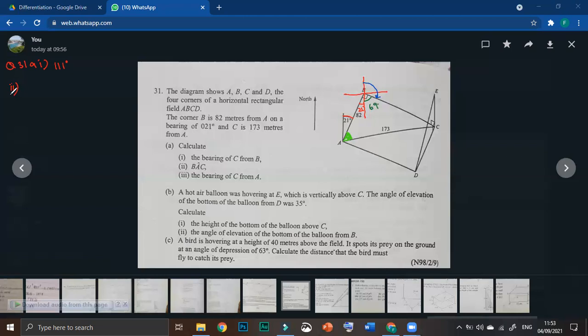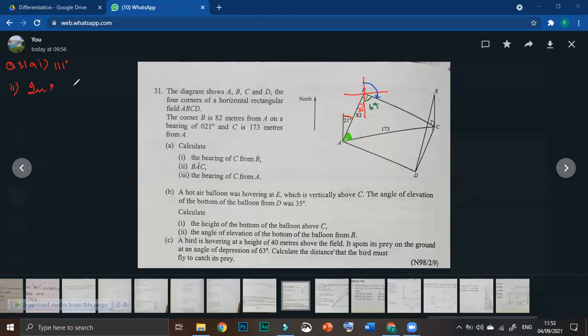Which triangle will we use to find out this angle? A, C, and D? The angle I have mentioned is not in the triangle ACD. Okay, sir, it's A, B, and C. It's in the triangle ABC.